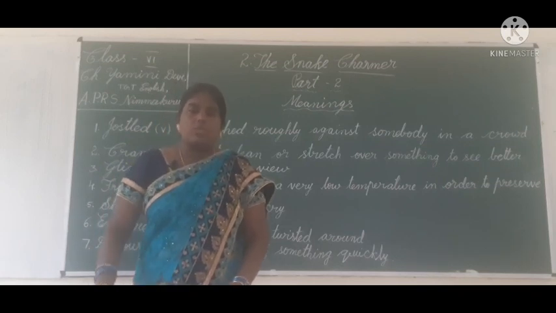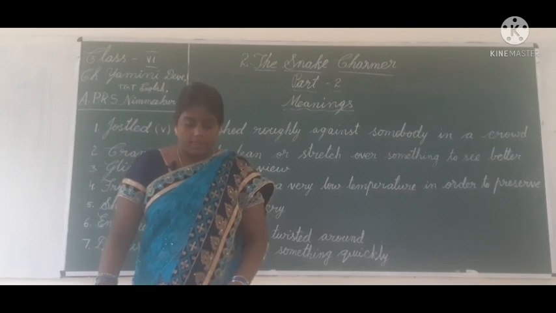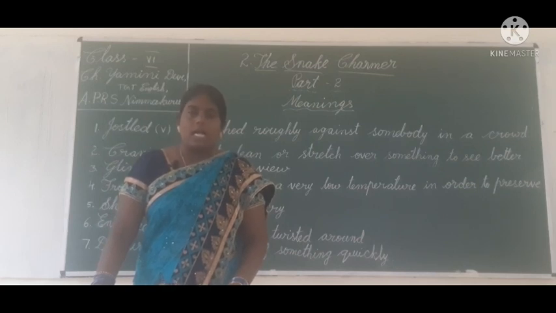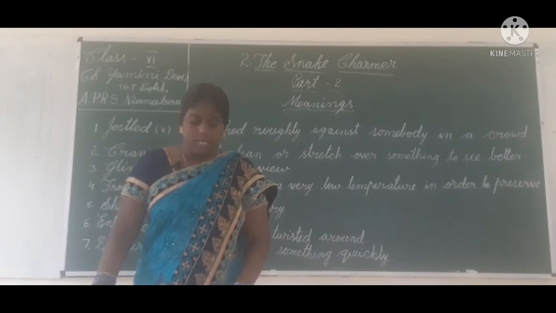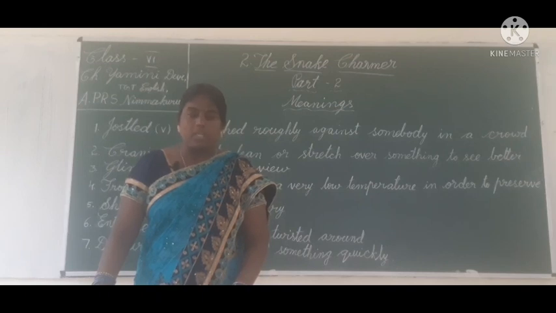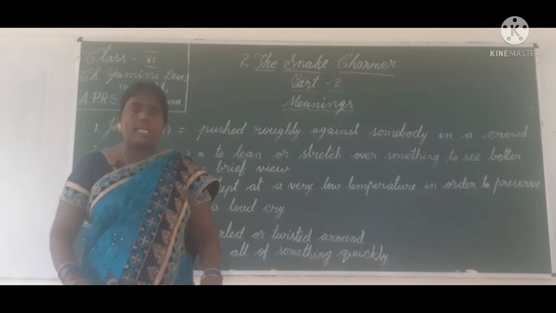Let me ask you a few multiple choice questions, children. My sentence is, the crowd gathered in the bazaar because, the options are: A, of the attractive shouting of the snake charmer; B, it was the usual practice of the townspeople; C, it was an announcement made by the government. Tell me children, what is the right answer?